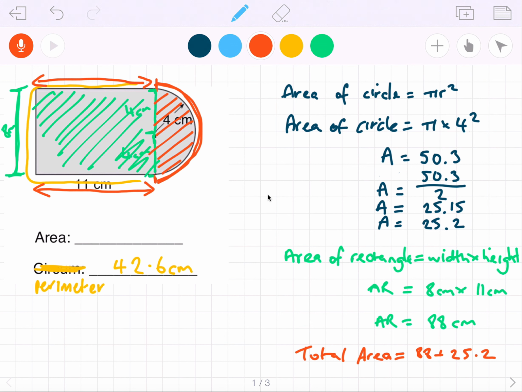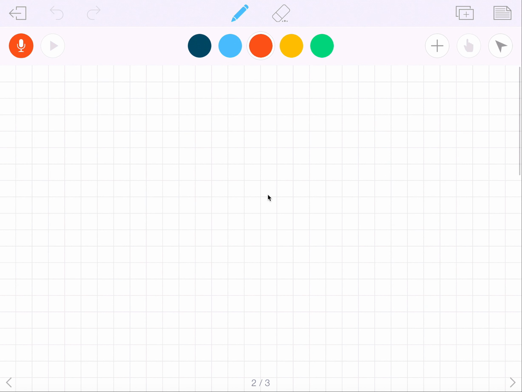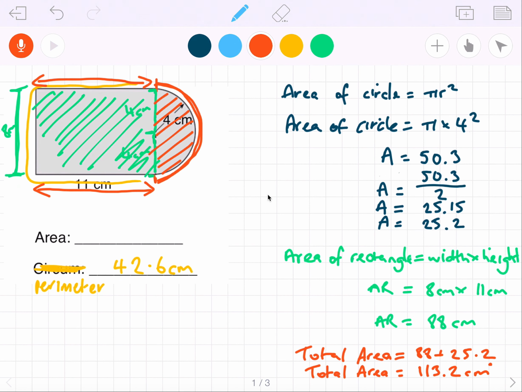So the total area equals 113.2. And as that's an area, we're going to put centimeters, sorry, centimeters squared. There we go.